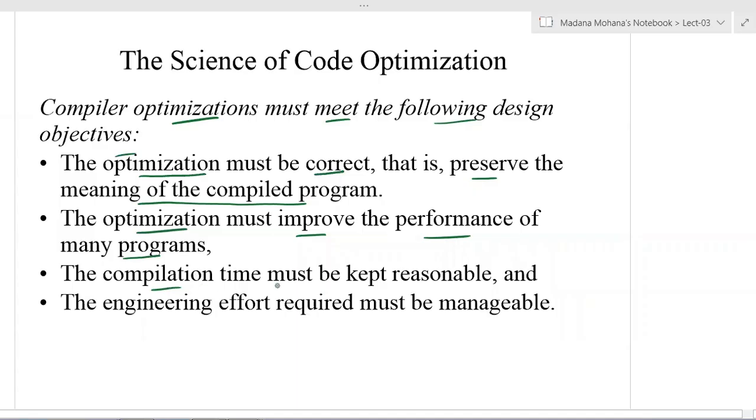Then the compilation time must be kept reasonable. Then the engineering effort required must be manageable. Any compiler optimization you are applying must meet these design objectives. So this is the science of code optimization.